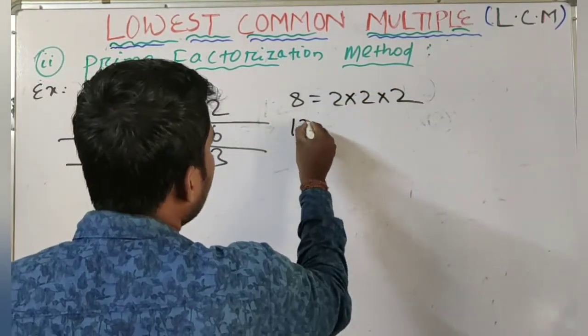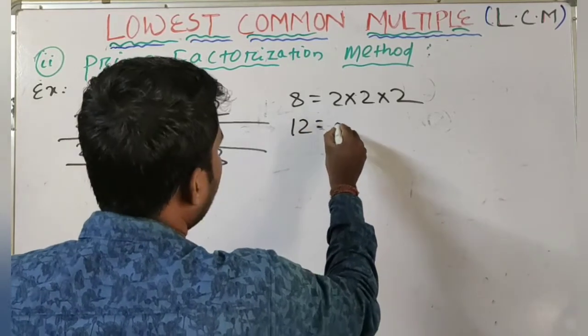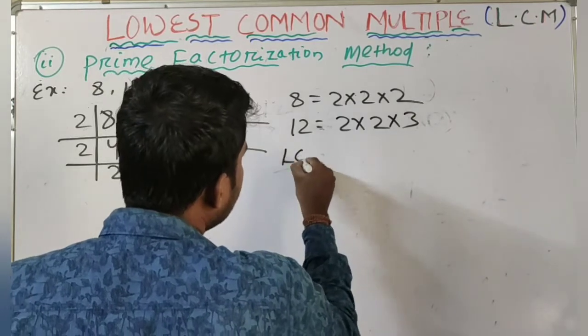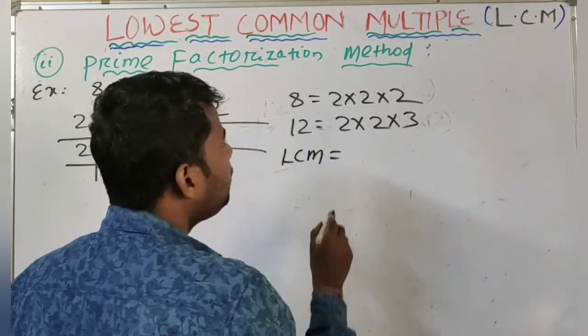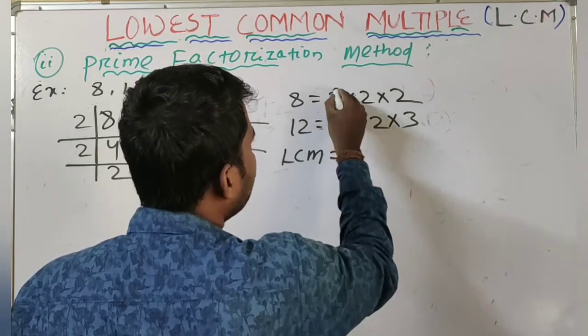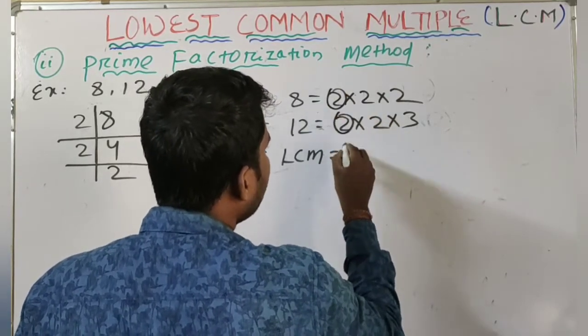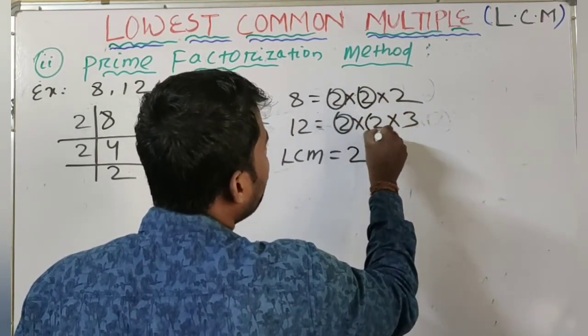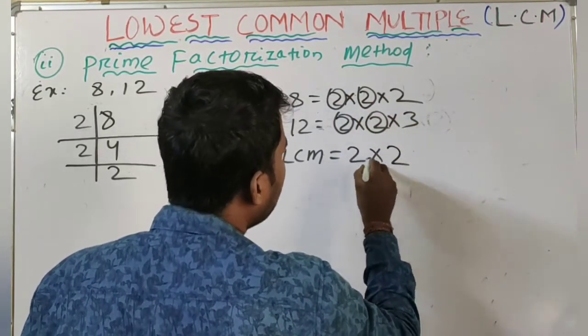Then 12 we can write as 2 into 2 into 3. So for the LCM, what is common to both numbers, we have to write once. So 2 is common to both numbers, we write it once. Again 2 is common to both numbers, we write it once.